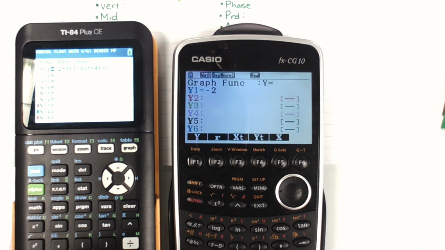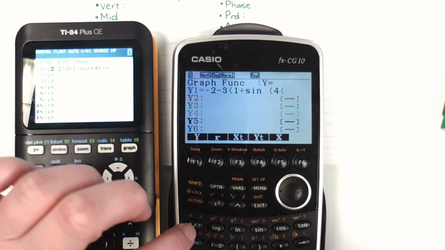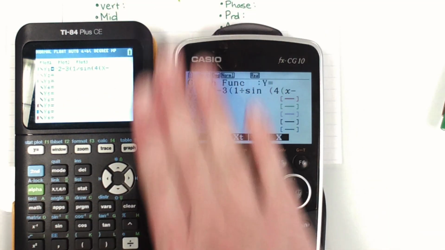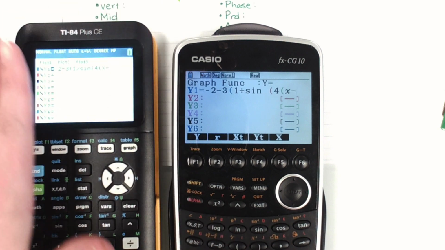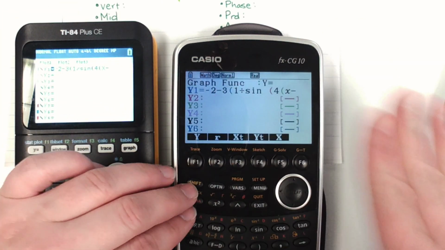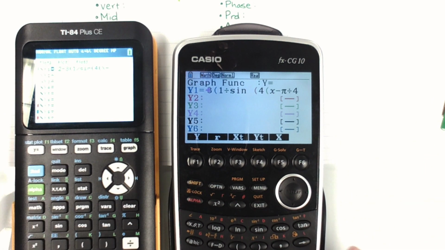I'm going to type in the things that I've already put in. I am going to do my Casio in radians. I'm going to leave my TI in degrees. So, in my Casio, which is going to be in radians, I type in pi divided by 4.